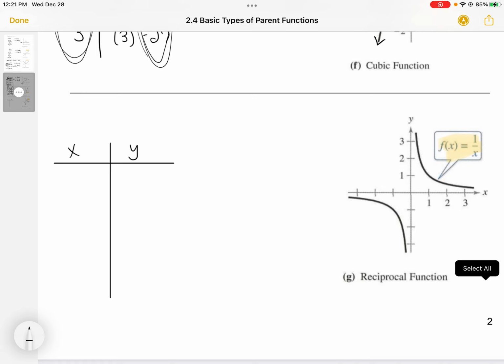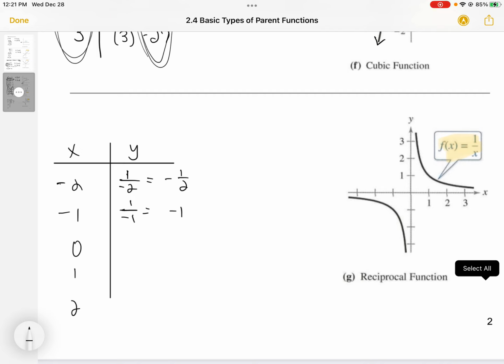So let's say we have x is negative 2, -1, 0, 1, or 2. We'll stop there. So when x is -2, y is going to be 1 over -2, which is just equal to -1/2. When x is -1, y is going to be 1 over -1, which is just -1.